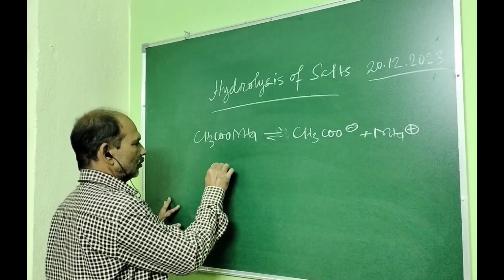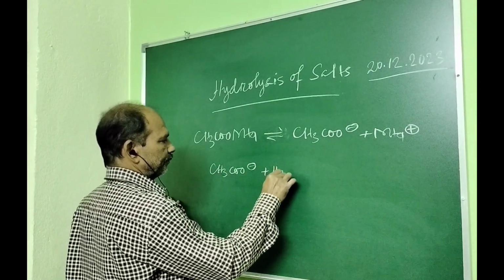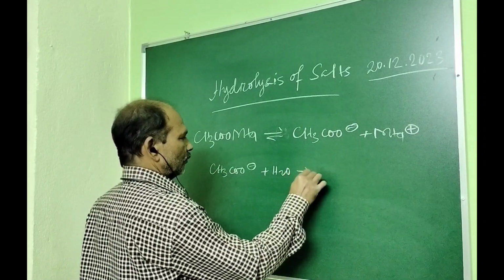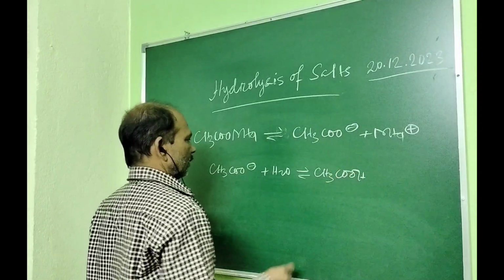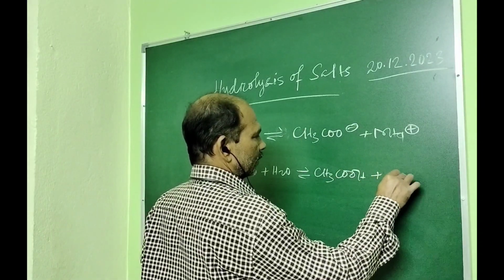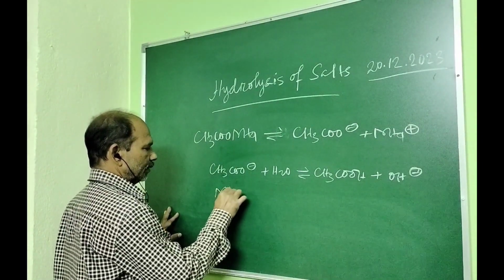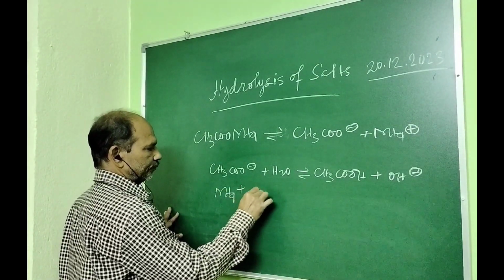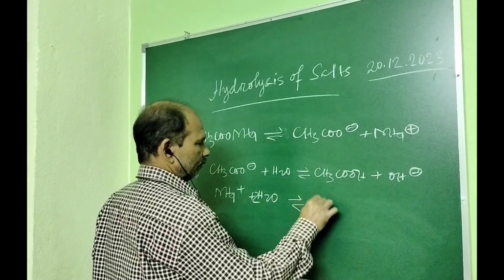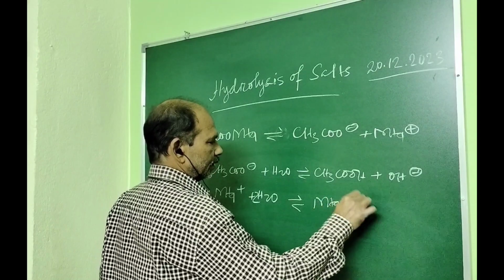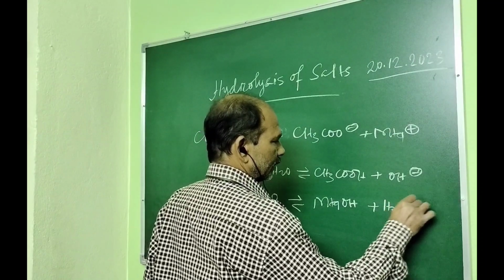So CH3COO minus reacts with water to form undissociated CH3COOH plus OH minus, and ammonium ion similarly reacts with water to form undissociated ammonium hydroxide and H3O plus.